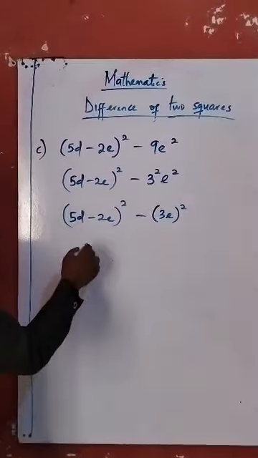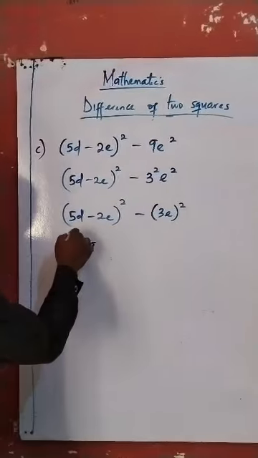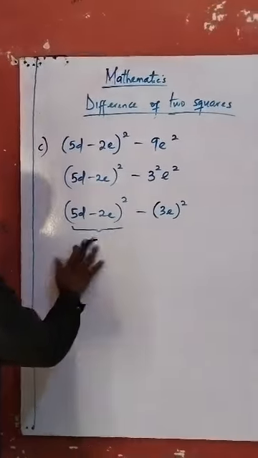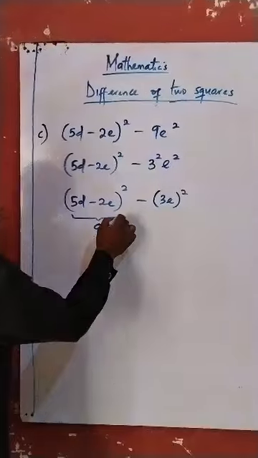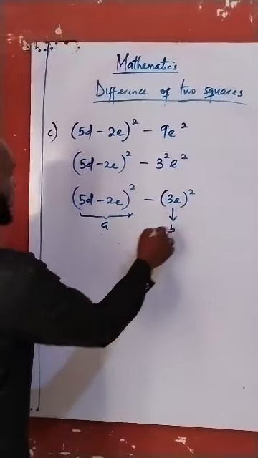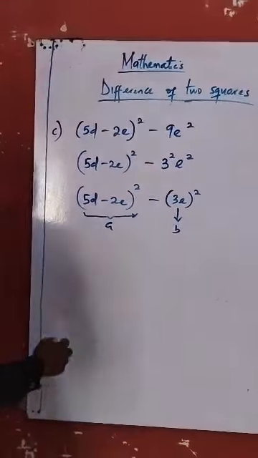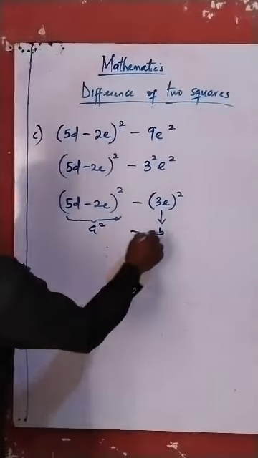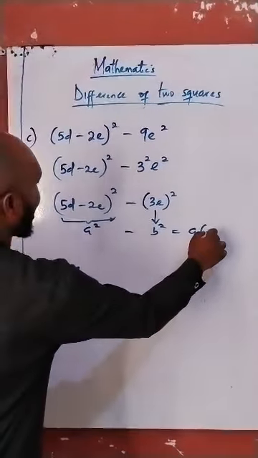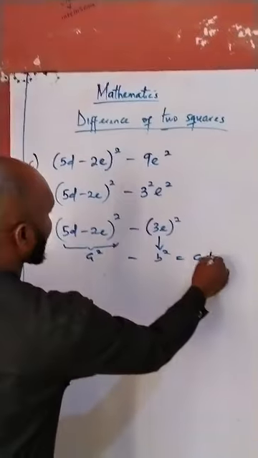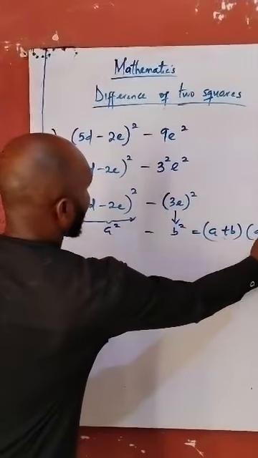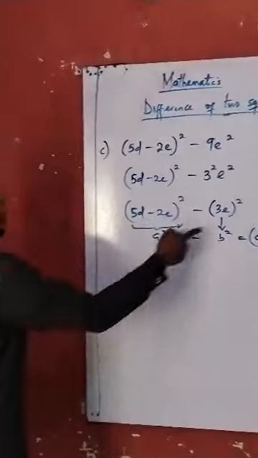So applying my difference of two squares now, all this is my a. This is my a, and this is my b. So if I'm applying that, a squared minus b squared, remember, gives us a plus b, a minus b. So what's my a there?